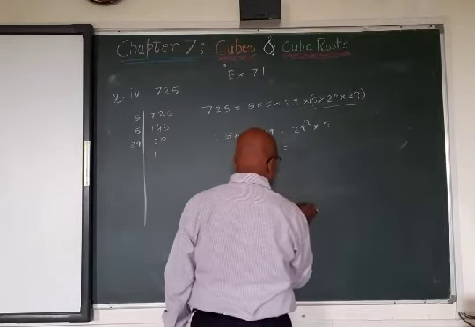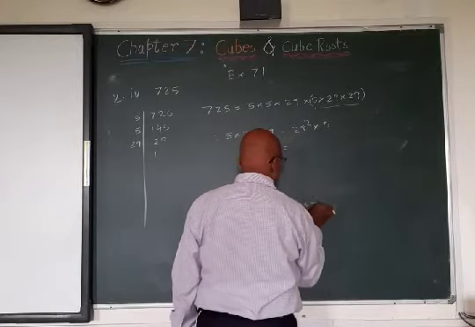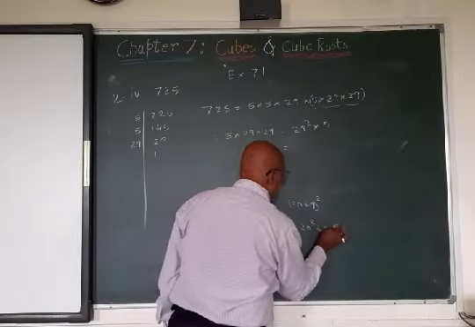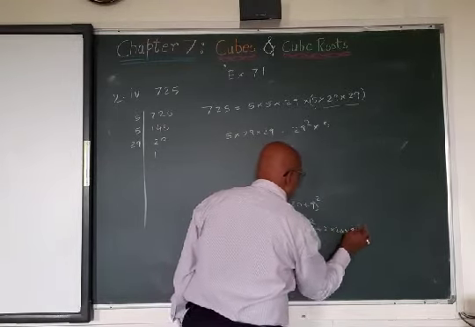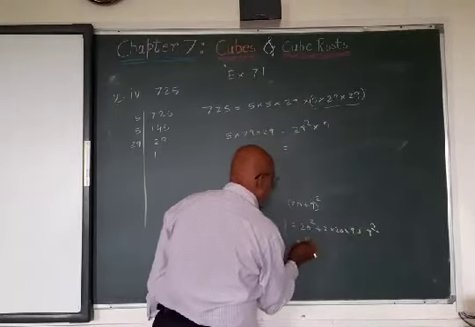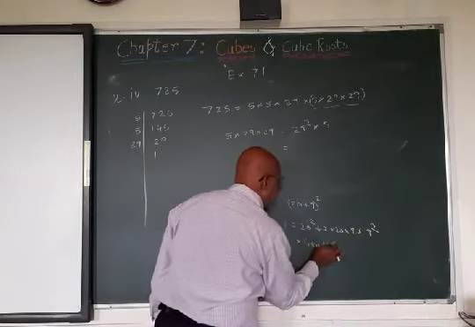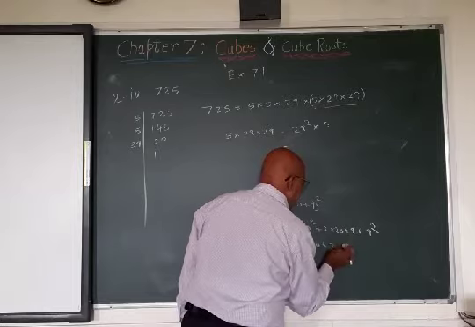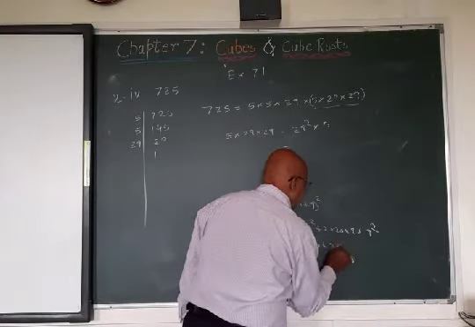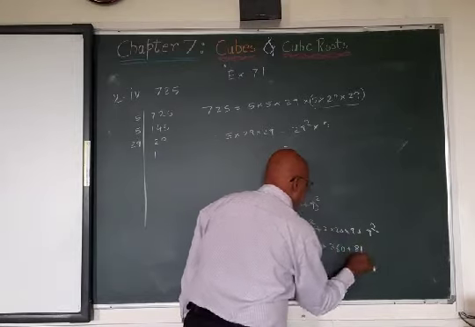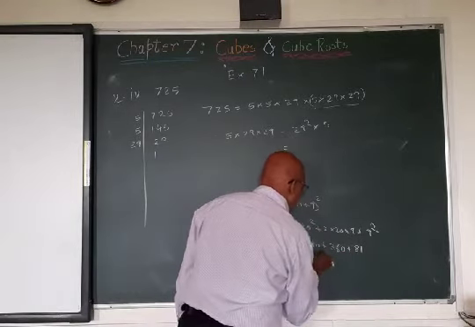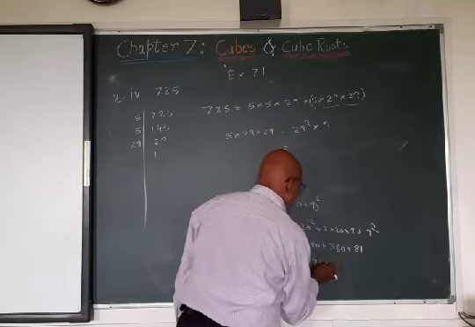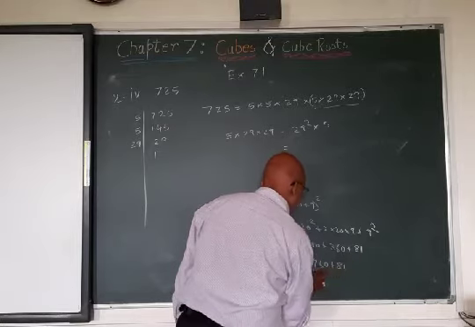Instead of this method, we can go by 20 plus 9 whole square. So it is 20 square plus 2 into 20 into 9 plus 9 square. So it is 400 plus 360 plus 81, 760 plus 81.